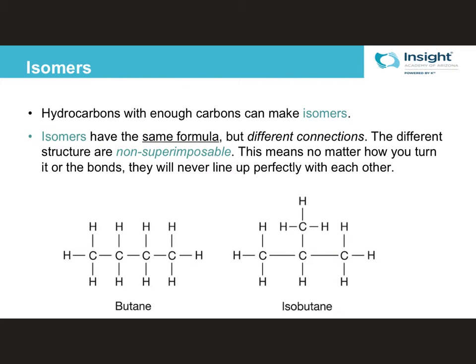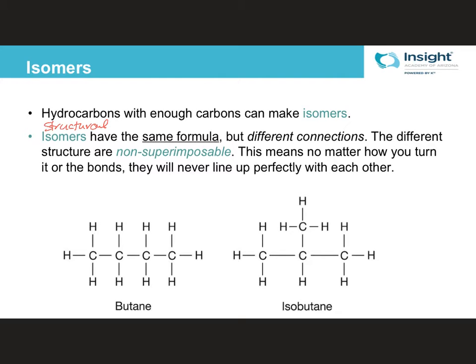So hydrocarbons that have enough carbons are able to produce isomers. And by definition, an isomer has the same formula. Mind you, this is a structural isomer. Have the exact same formula, but different connections.